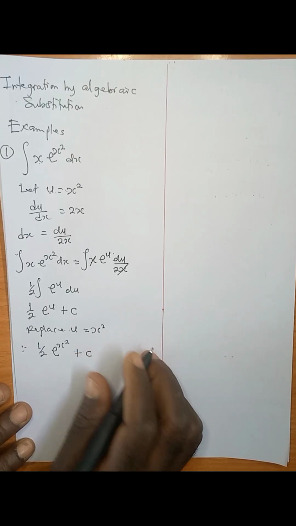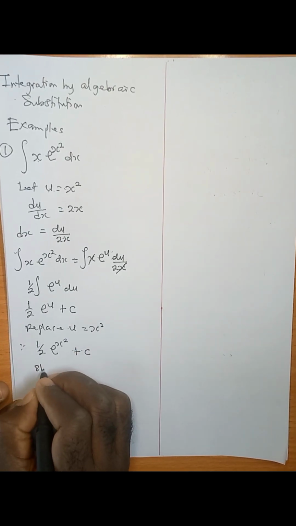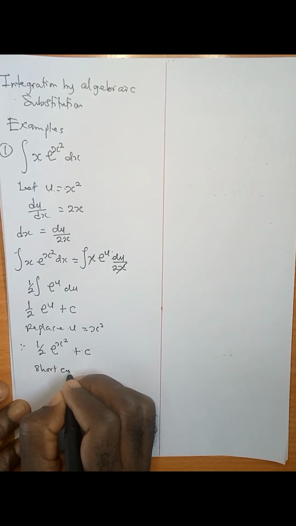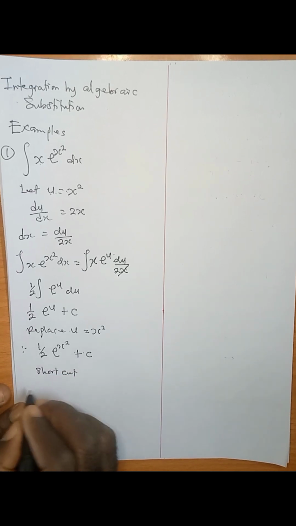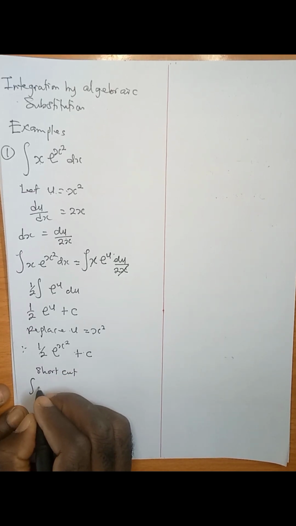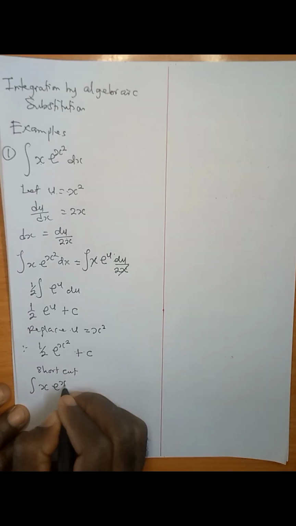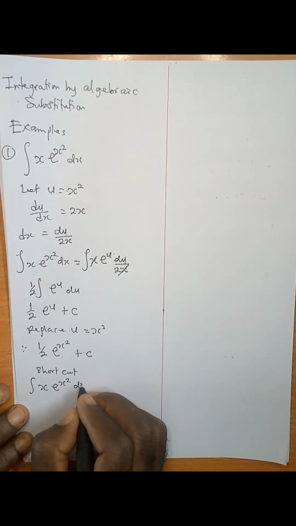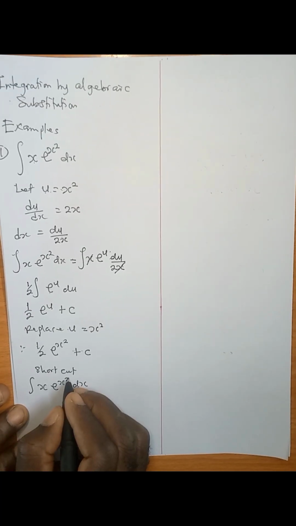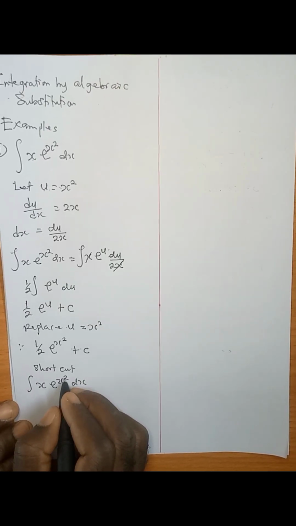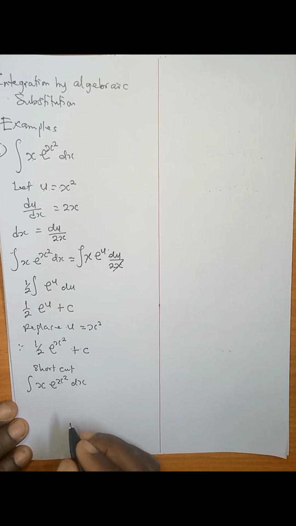Yes, there is a shortcut for this one. Let us take a look at the shortcut. For this integral of x e raised to power x squared dx, you differentiate the power of the exponent, which is x squared. When you differentiate it, it will give you 2x.